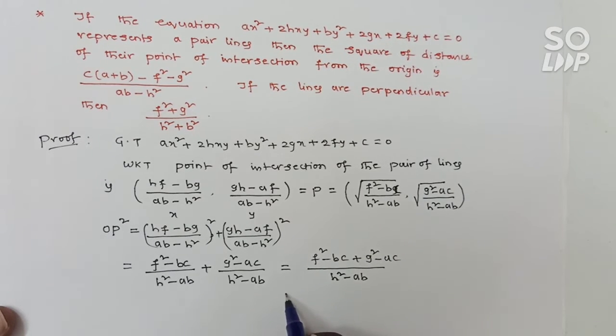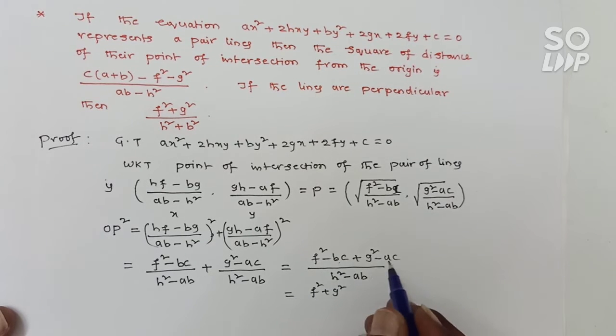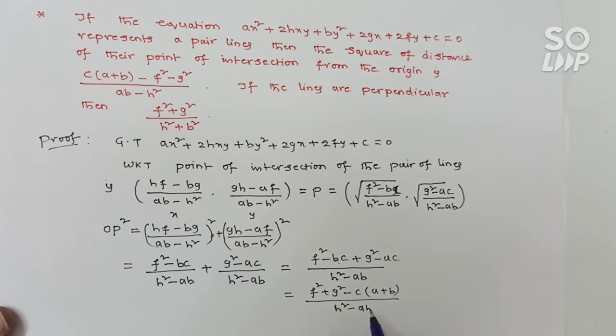So this value will be f square plus G square, and from the other two terms you take minus C as common: minus C into (A plus B), whole divided by (H square minus AB).